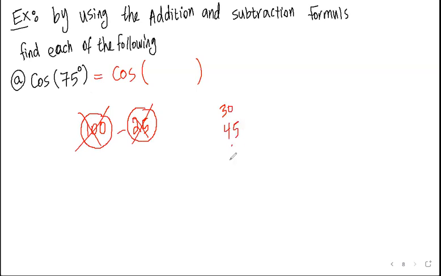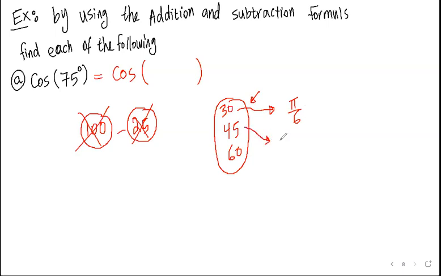30, 45 and 60. So I only need 30 and 45. 30 plus 45 gives me 75. So I'm going to use only these angles because I know the sine and cosine for them. 30 is actually pi over 6, and I know the sine and cosine for pi over 6.